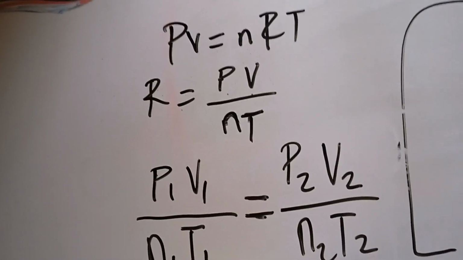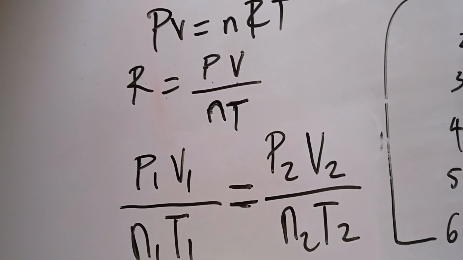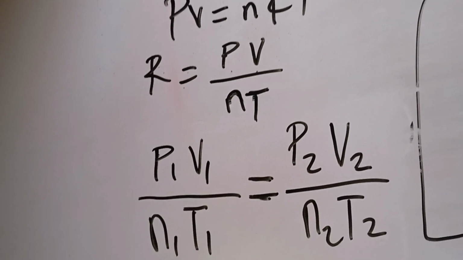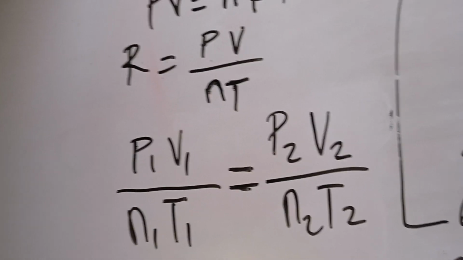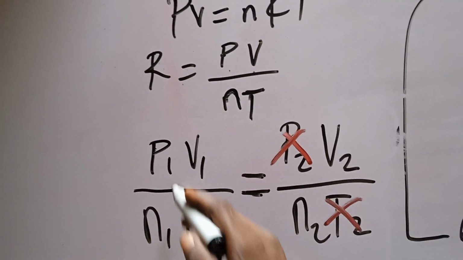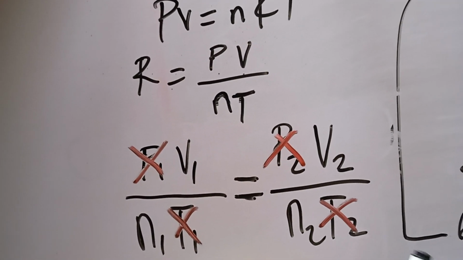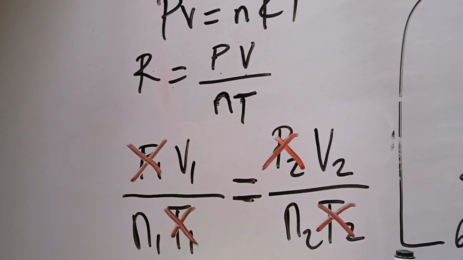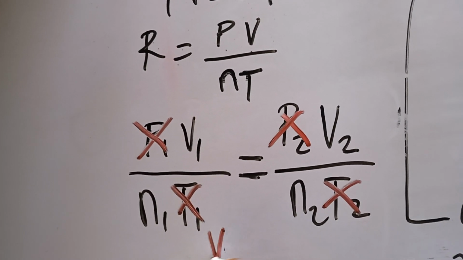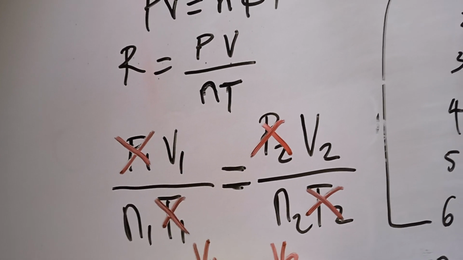Avogadro said that at constant temperature and constant pressure, the volume and amount in mole are directly proportional. So ignoring pressure and temperature, volume and amount of substance are directly proportional. So V1 over n1 is equal to V2 over n2.